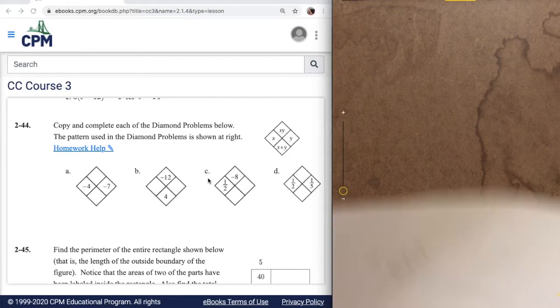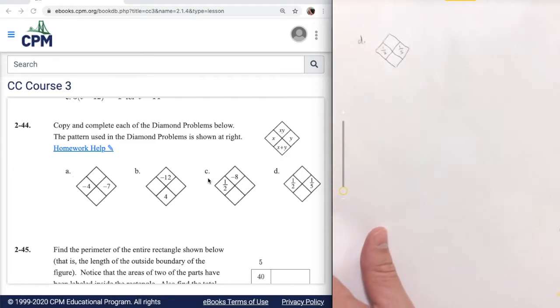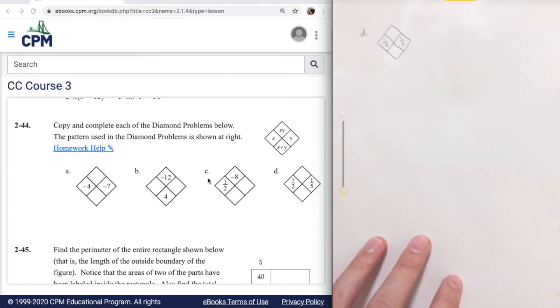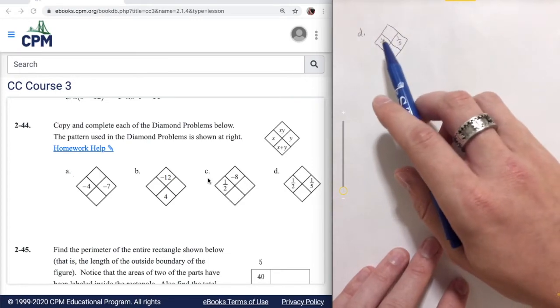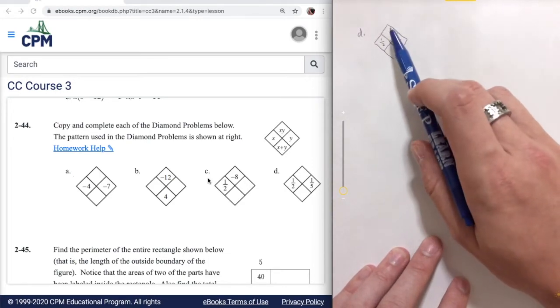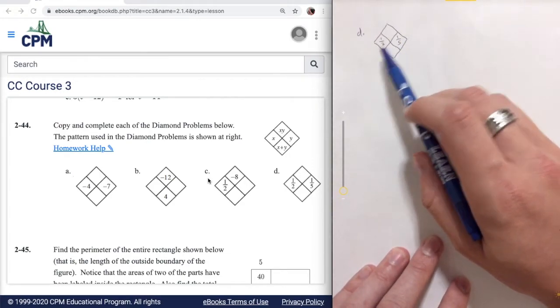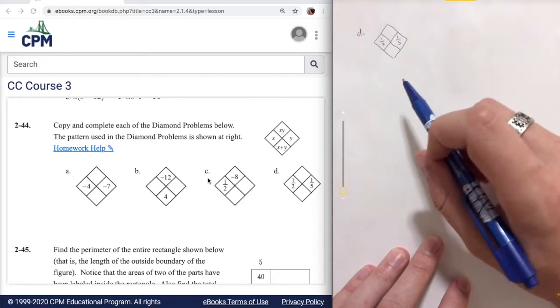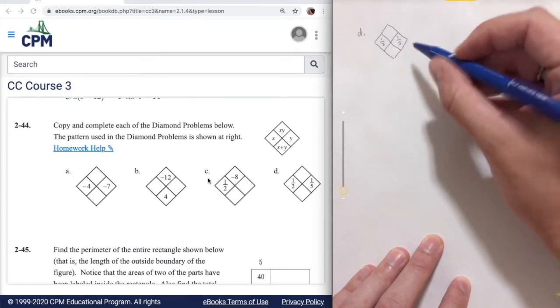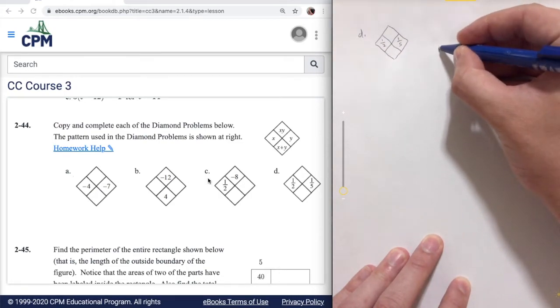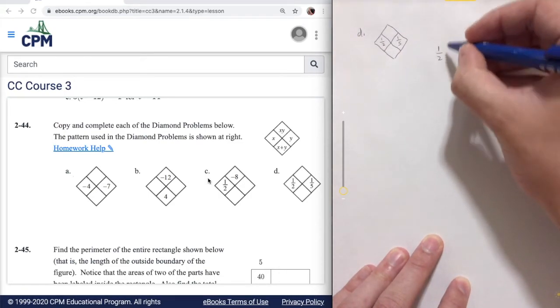The last part of this question is going to be part D. So we have the x and y given this time, so we just need to multiply them and add them. But this time they're both fractions, so it's a bit more difficult. So let's start with multiplying them, because multiplying fractions is a lot easier.